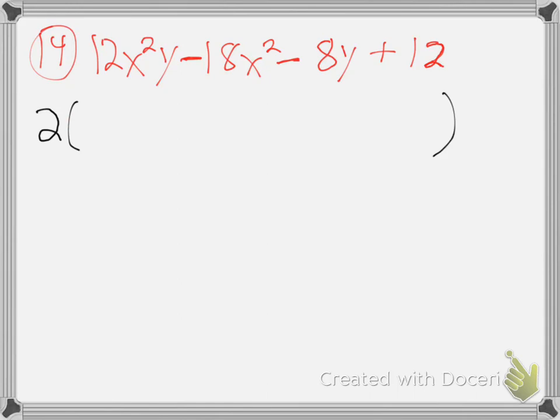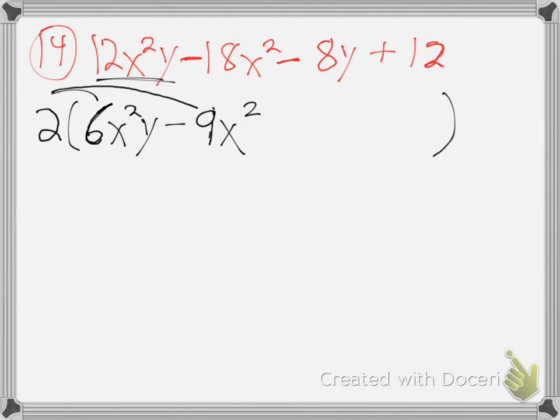If there's something in common to all 4, you have to do that. They haven't given us one like that up to this point. So what does that leave? 2 times what would go back to 12x squared y? 6. 6 x squared y minus, and 2 times what? 9 x squared.